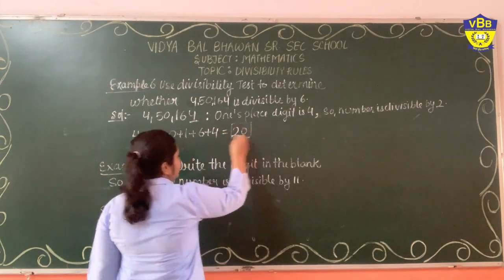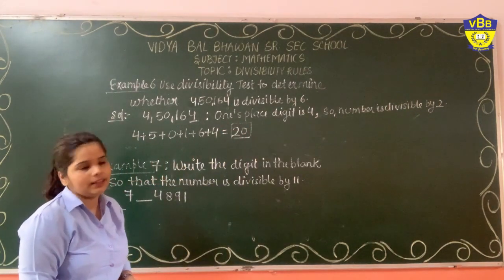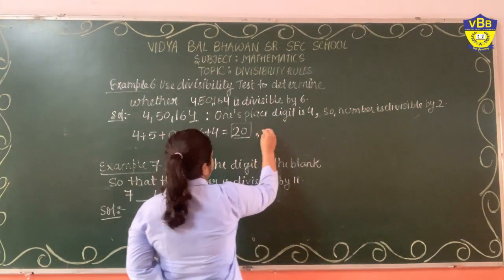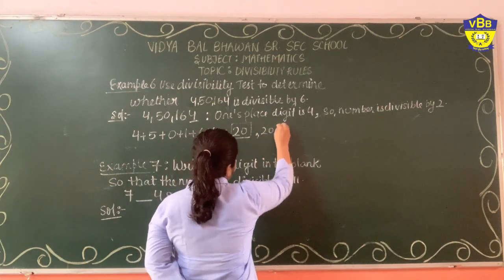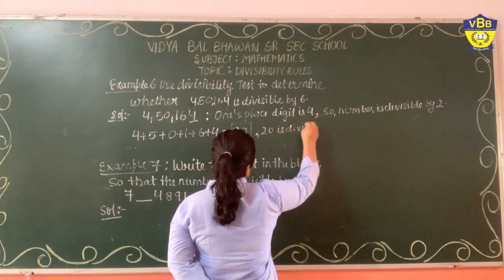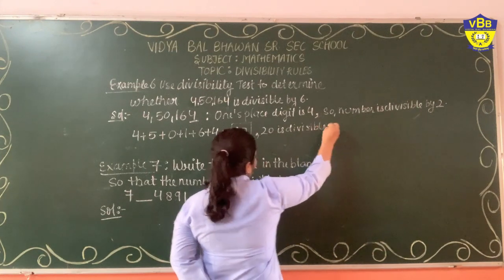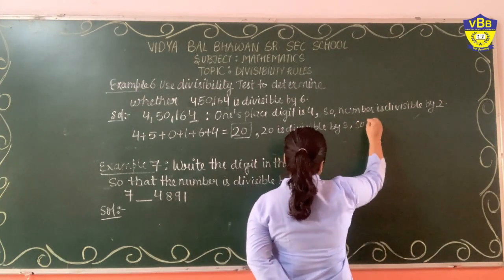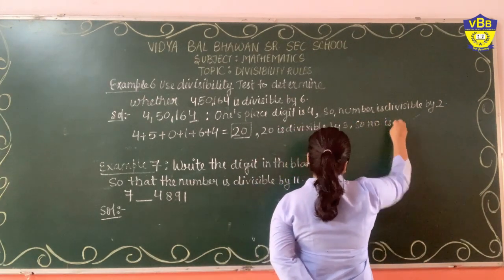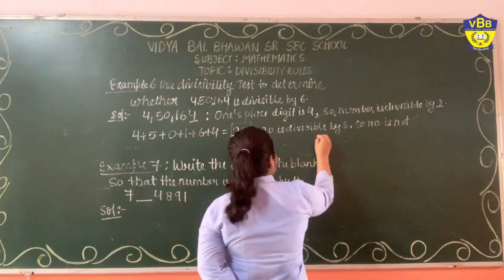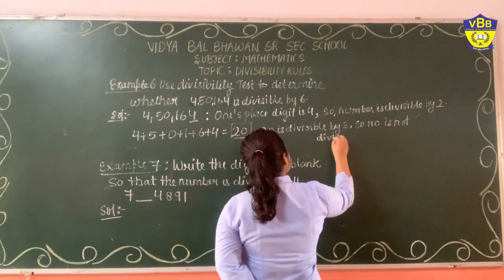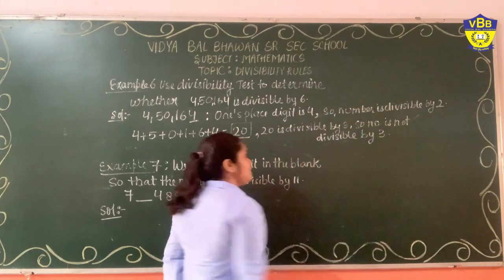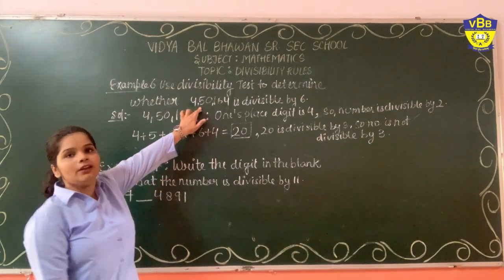Now this sum, 20, is not divisible by 3. That means this number is not divisible by 3. This number is divisible by 2 but not divisible by 3.